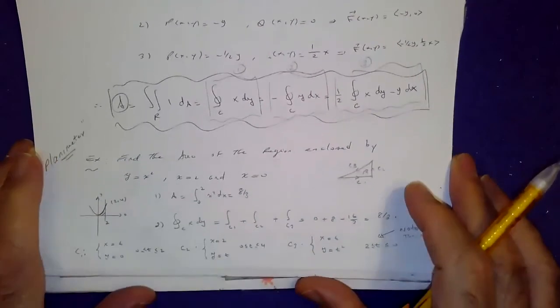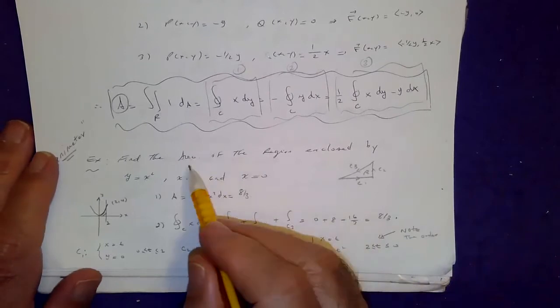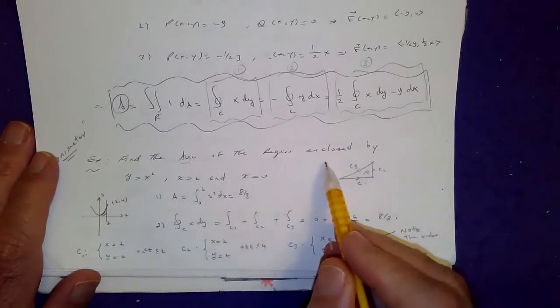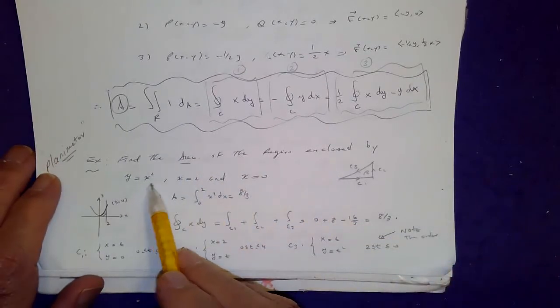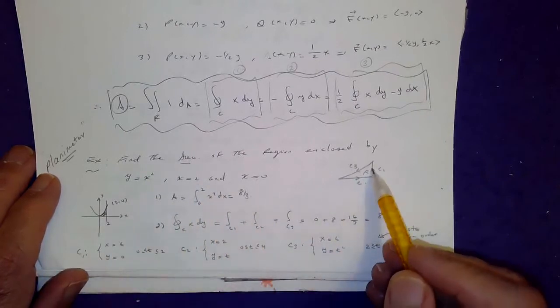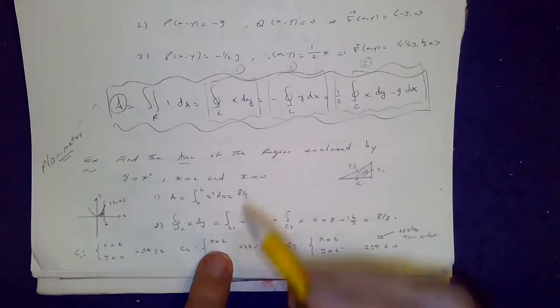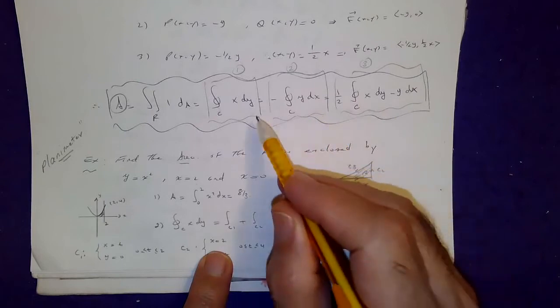Okay, let's do a very simple example from first semester calculus. How about finding the area of the region enclosed by the parabola, x equals 2, and the y-axis, this region right here. All you have to do is pick one of these, not all three, just pick one.